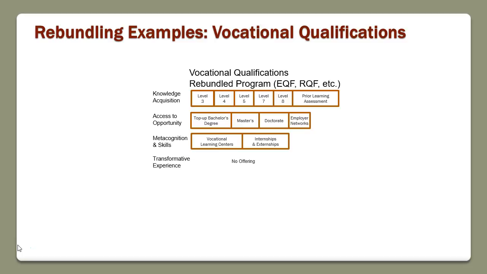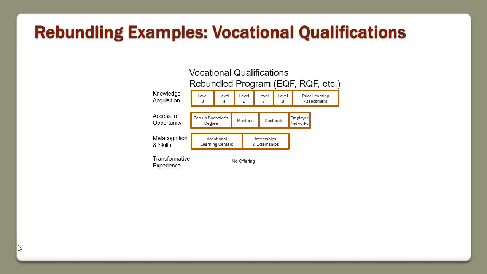Typically you take your level 3 through 5, and if you want the highest access to opportunity, you get a bachelor's degree through what's called a top-up bachelor's degree. Same thing you can do with level 7, which provides part of the components you need for a master's degree, or a level 8 that provides part of the components you need for a doctorate degree.